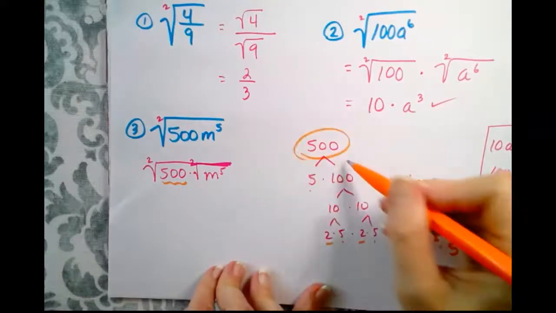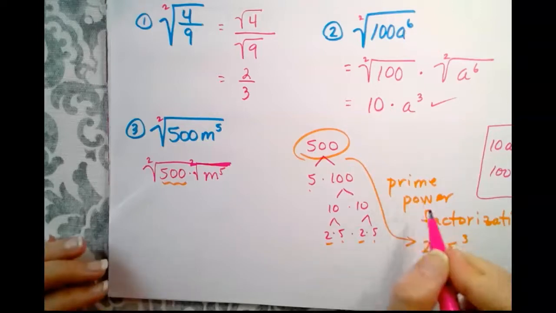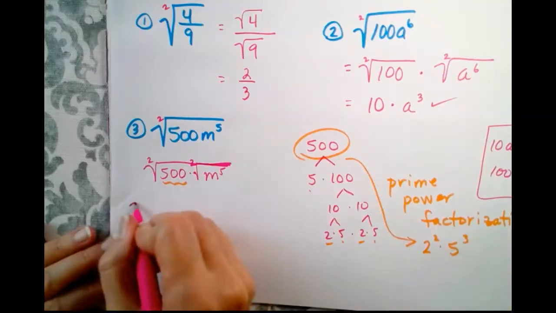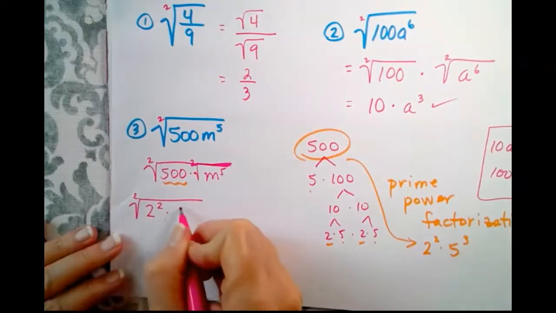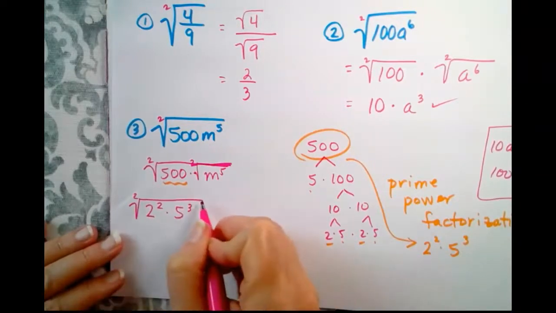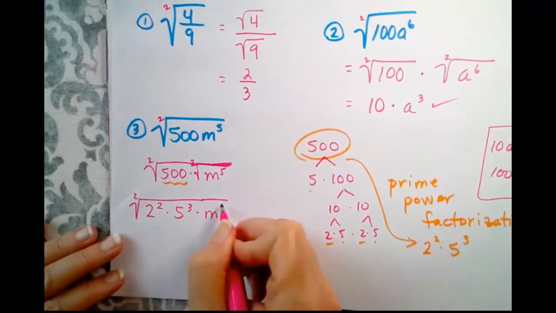So 500 is the same as 2 squared times 5 to the 3rd. We're replacing 500 with its prime power factorization. So we've got 2 squared times 5 to the 3rd, and we've also got, I'm just going to put it back underneath, m to the 5th.